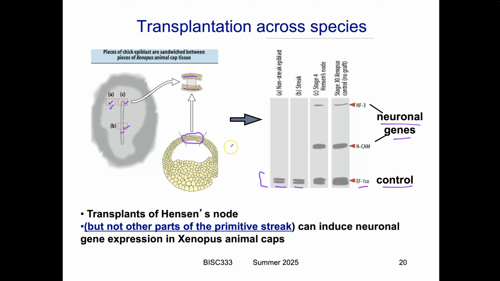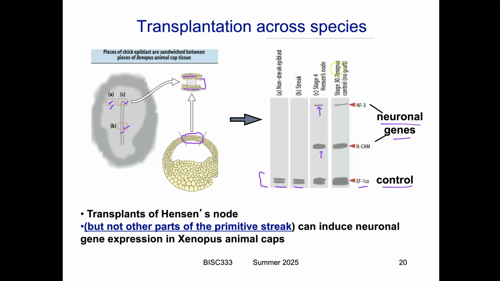But then if you take Henson's node and excise it and culture it between two bits of animal cap cells, you can actually get the expression of neurotropic factor 3 and NCAM, which is, I think, a neuronal cell adhesion molecule, if I remember that correctly. And these are specific to nerve tissue.